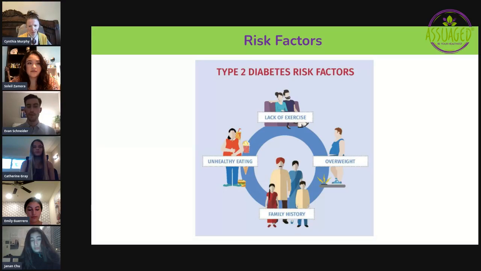Also, minority populations such as African Americans, Hispanics, Latinos, American Indians, Alaska Natives, and even Pacific Islanders are at a higher risk.